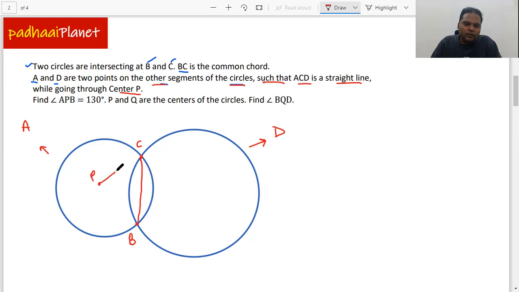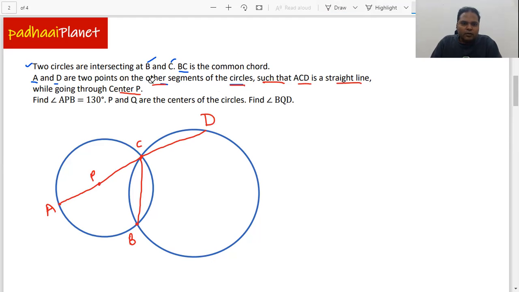And this line goes from C and then intersects this circle at, say, D. I'll remove this so that there is no confusion. And this is further extended, and this point is A.